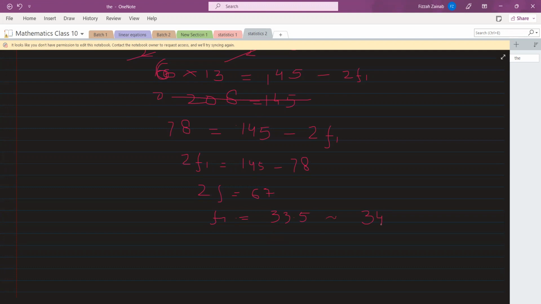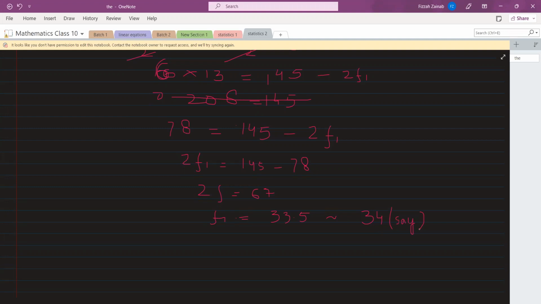Why? Because it is frequency, right? Frequency means number of times. We are assuming, you can write here, approximately. In calculation you are getting 33.5, but it cannot be 33.5. As I told you, it's a frequency.